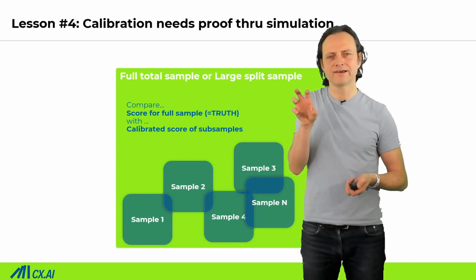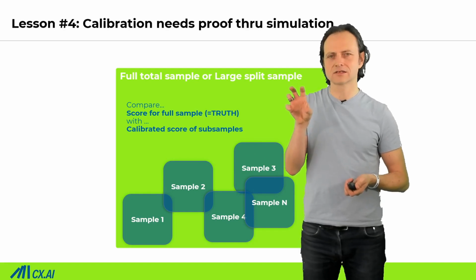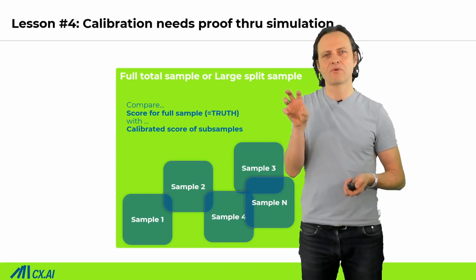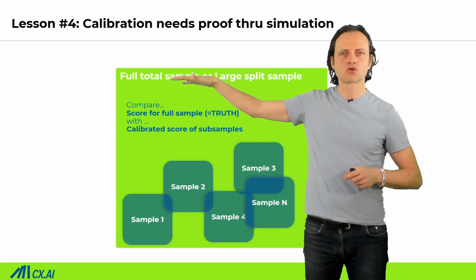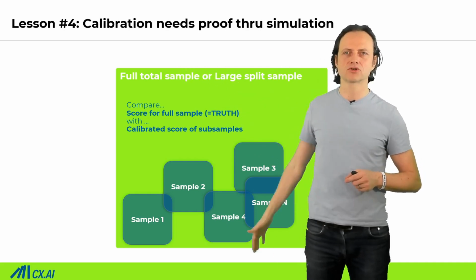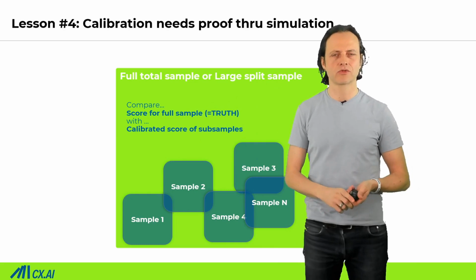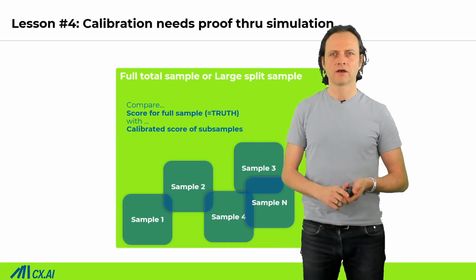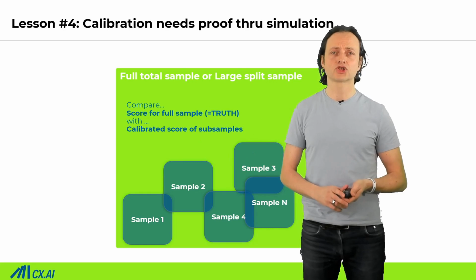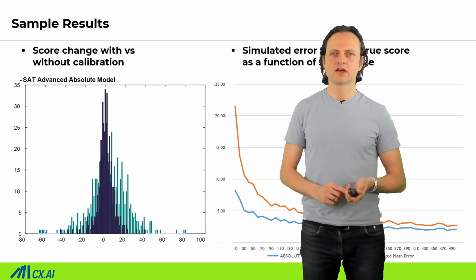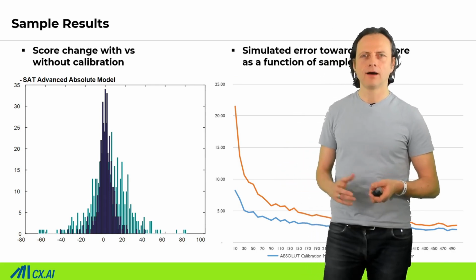You try to make this sample score better, and then you compare it with the overall score of the whole sample, because you know this is pretty close to the truth. With this you are pretty sure that you nailed it.